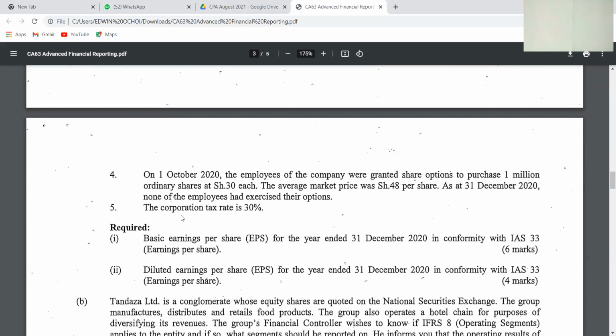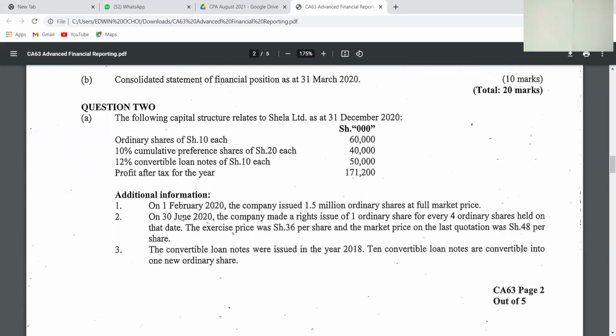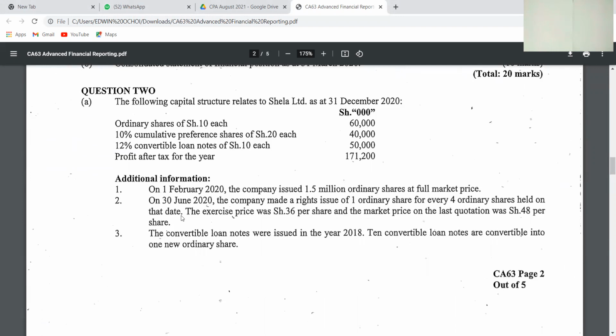And you are required to do the diluted earnings per share. When you are doing basic earnings per share, what you need to know is that basic earnings per share is all about the profit attributable to ordinary shareholders. So the first requirement is the basic earnings per share.